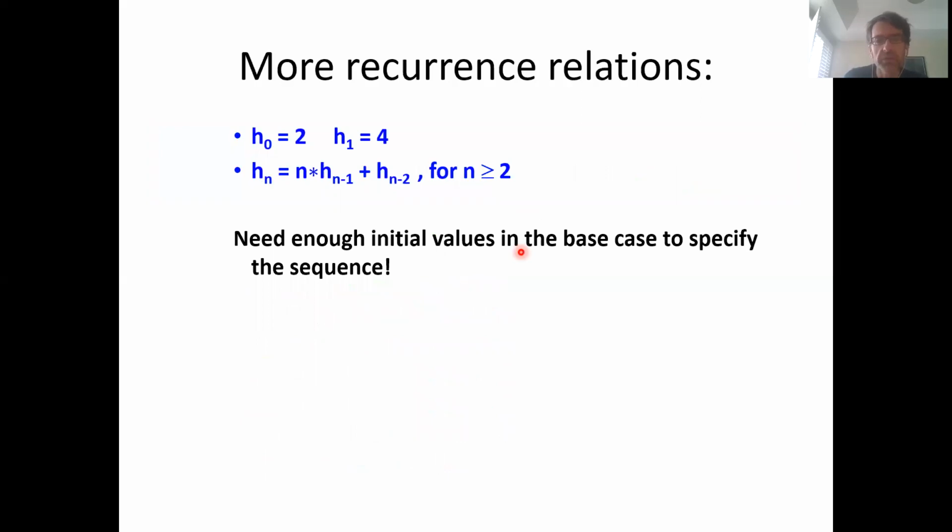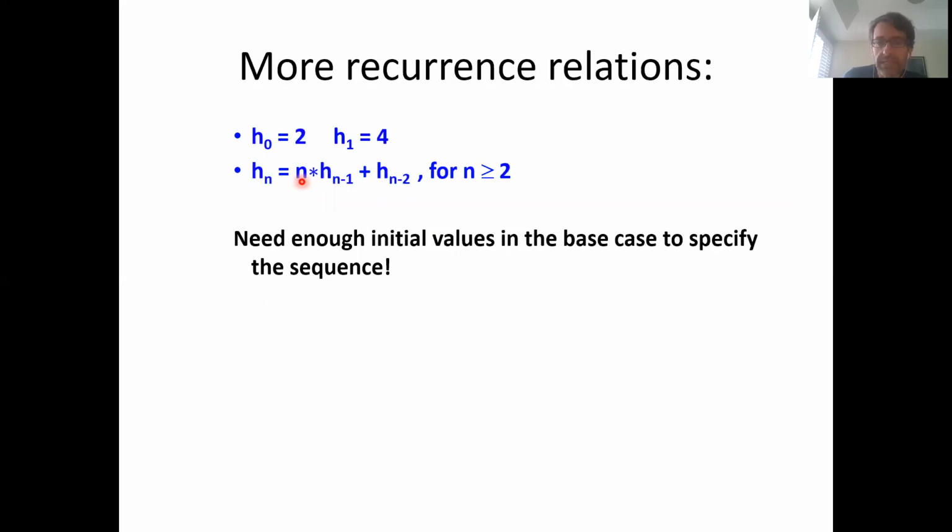Okay, another recurrence relation. Base case is now defined by two values, and a recursive rule is here. I call that sequence H, that's arbitrary. I start with an index 0, that's arbitrary. I define the first two as 0, 2, and 4. And then I have a recursive rule that defines the nth element as some formula that uses the previous two, but it also uses the index itself.